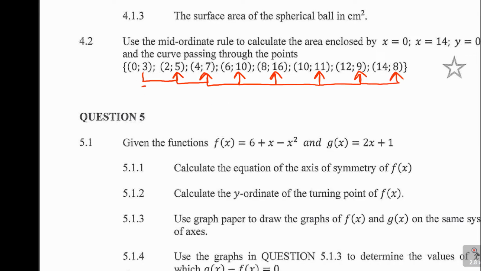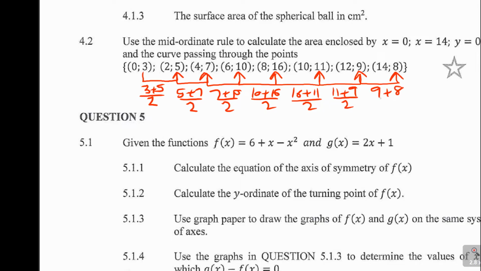Here we are saying 3 plus 5 over 2. That is the sum of the mid-ordinates. What about the next one? 5 plus 7 over 2. The next one, 7 plus 10 over 2. The next one, 10 plus 16 over 2. The next one, 16 plus 11 over 2. The next one, 11 plus 9 over 2. And the next one, 9 plus 8 over 2.